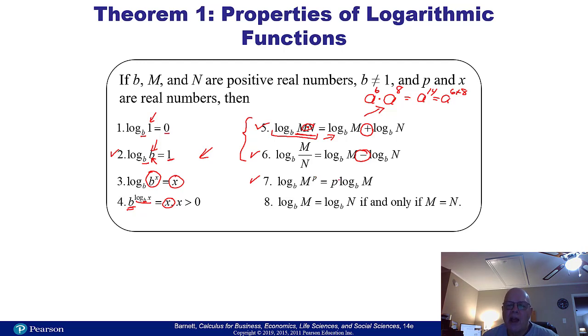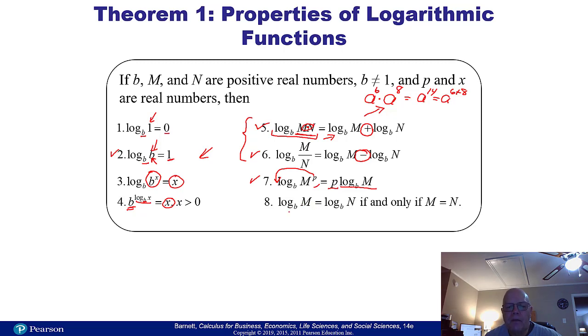Now, the way I remember this is, if I've got a number here and it has an exponent, I slide this exponent out front. So I end up with p in the front and log base b of m on the right-hand side. Whatever works for you. If you think of another one, I'd like to hear it. But that's the way I work it.